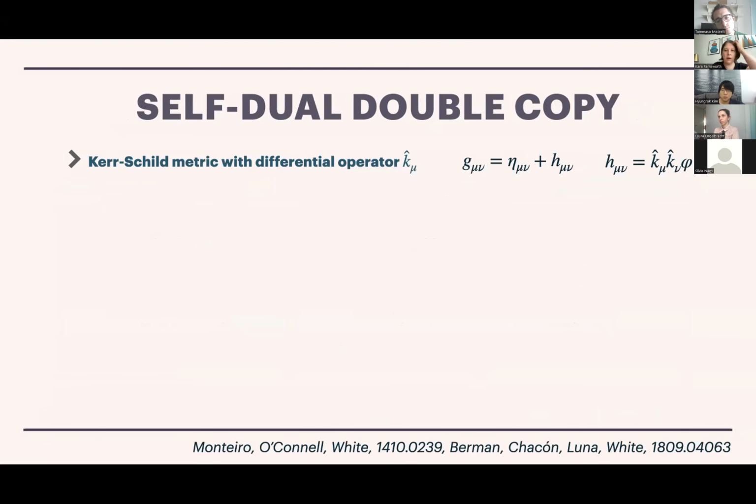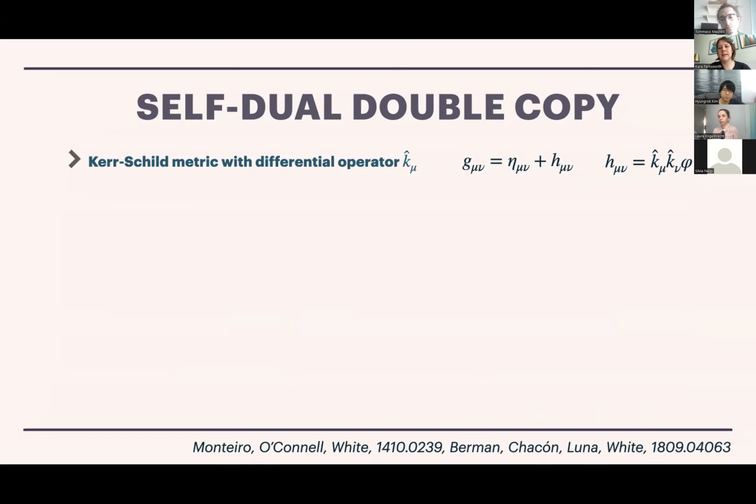So another related version of the double copy that's going to be relevant for the Newman-Penrose map that I'll talk about is the self-dual double copy. In this case, it was motivated by trying to look at the momentum space version of the double copy. So instead of looking at position space, you have a differential operator k mu, well, in position space, but you treat k mu as a differential operator.